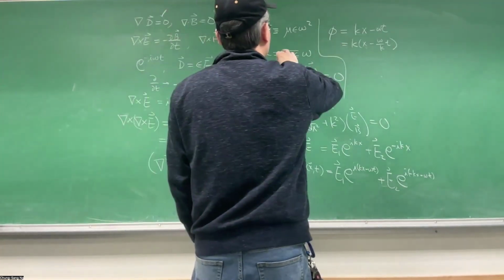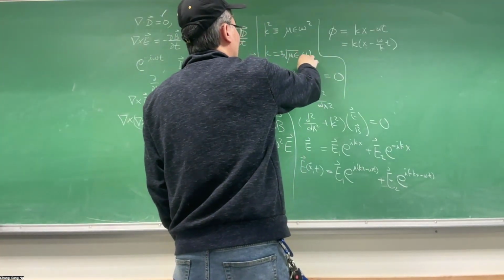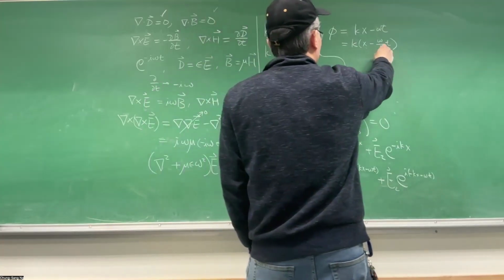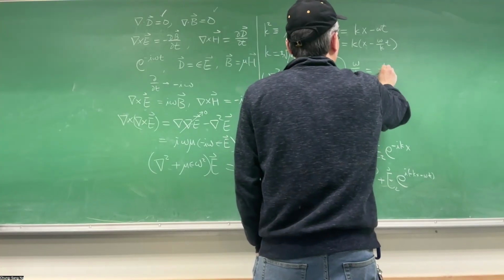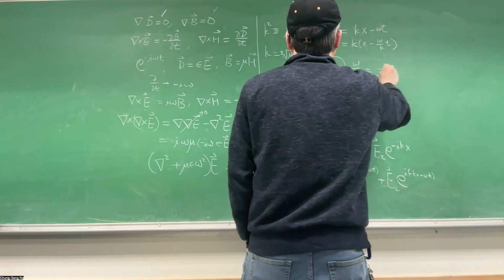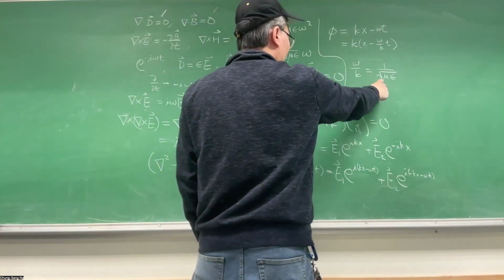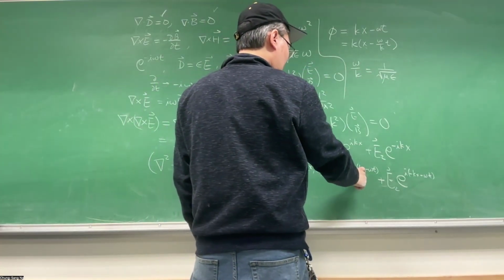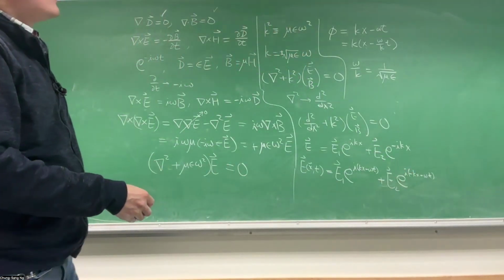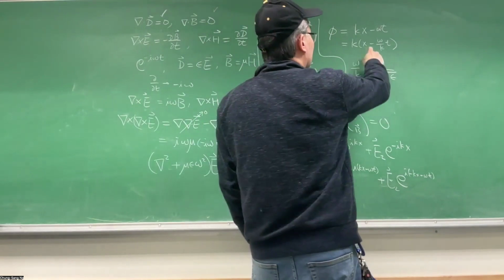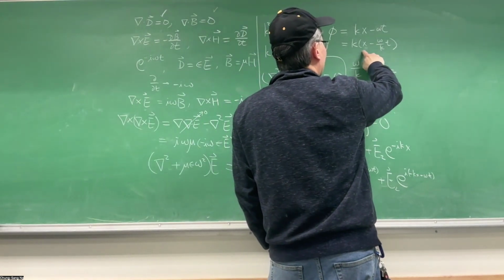Now assuming k is positive, which is the positive sign of this one, omega over k will be positive, because we already used the sign in here. This is the positive term, this is a negative term.